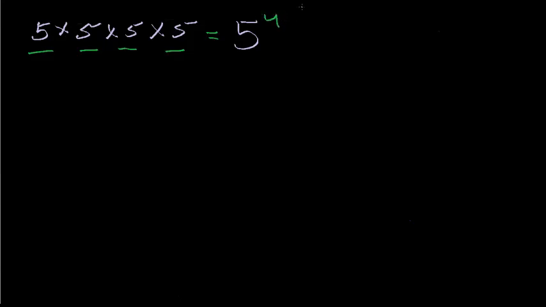So before we go into what this means, let's first split them into two categories. This part of the exponent is called the base. So this part is always the base. The bigger number, that's the number that's being multiplied. So see, 5 is the base. This is the number that's being multiplied in the problem.